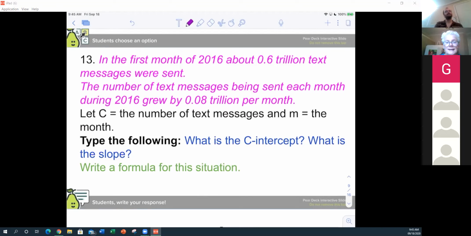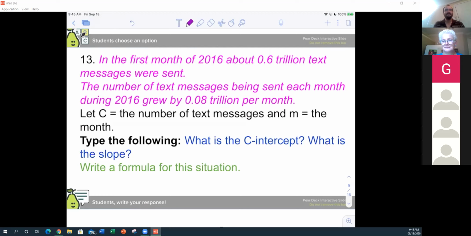August, since you're chatting here, can you tell me what the C-intercept or the Y-intercept is? Or Aurora, can you tell me? Can anyone tell me?